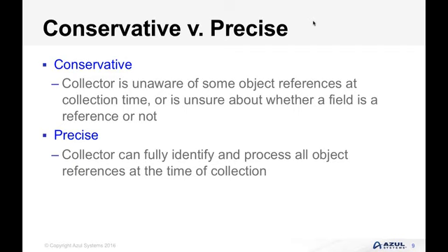The opposite of that is a precise collector, where absolutely everything is tracked. The garbage collector, the virtual machine, is aware of all the references from the application code to all of the objects in the heap and which ones no longer have references to them.